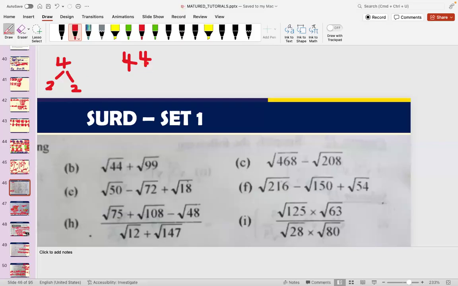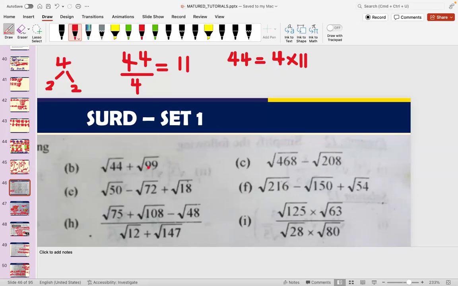So can we divide 44 by 4? Yes. When we divide it by 4, we are going to have 11. So by implication, 44 is the same as 4 multiplied by 11. Can we find the square root of 4? Yes. Once we can find the square root of it, then it's a perfect square. So we'll leave this one like that.